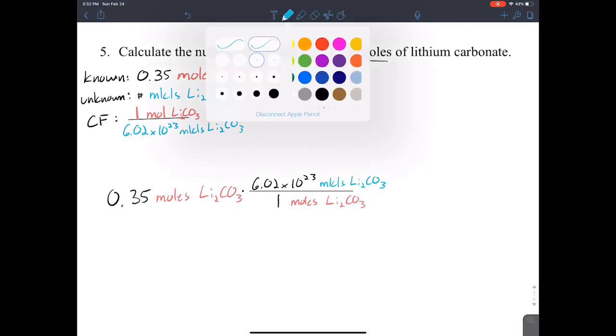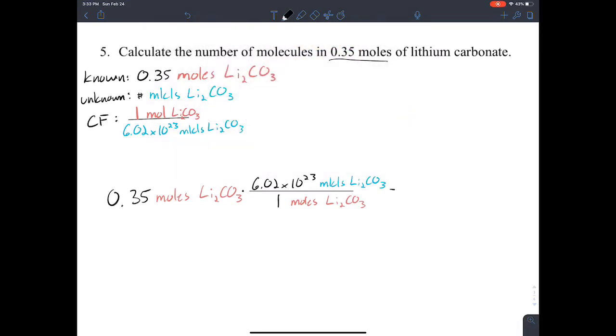So we just do the math on that. It's going to be 0.35 times 6.02 times 10 to the 23rd. For significant figures, we have 0.35 and 6.02, so we're only able to keep 2.